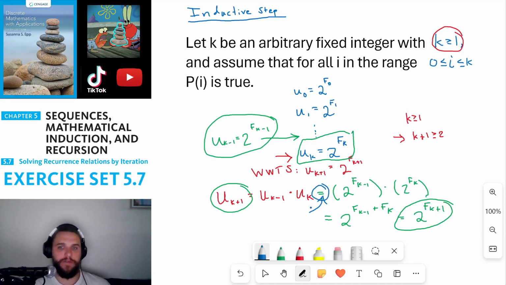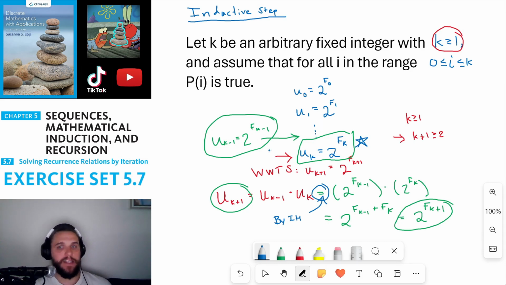Now we use the inductive hypothesis precisely at this equal symbol. So we should clarify to the reader that we're using the inductive hypothesis. But keep in mind that P of k here is not enough to solve this problem. We also need P of k minus 1, which is why strong mathematical induction is required.